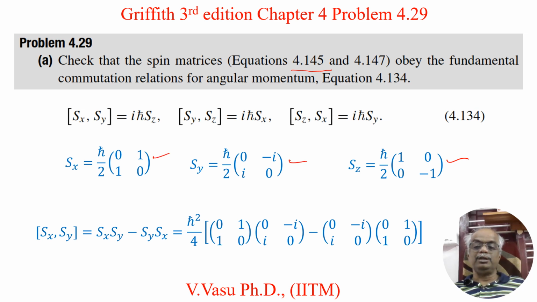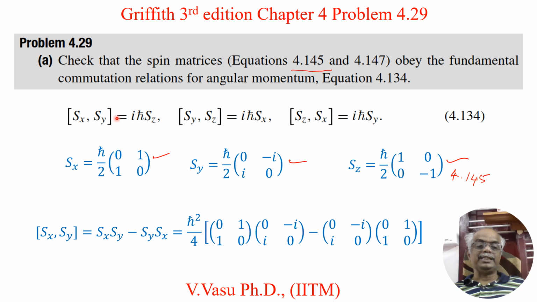So this is 4.145, and the other two are 4.147. Obey the fundamental commutation relation for angular momentum, that is equation 4.134, this one. We have to prove this.